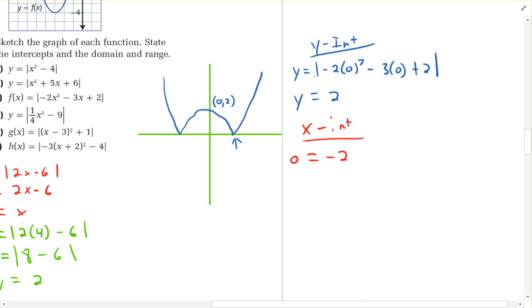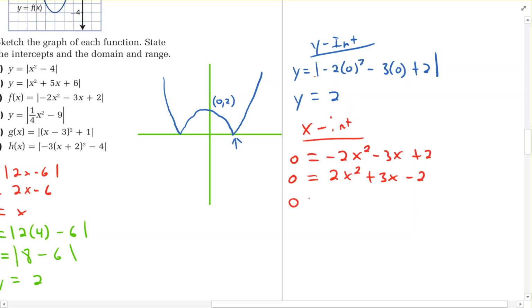So then I got negative 2x squared minus 3x plus 2. And I don't like that negative out front again, like I said. So what I'm going to do is just divide everything by negative 1, or just move everything to the other side. If you do that, you'll notice that all the signs just change. So instead of a negative, you've just got positive 2x squared, positive 3x, and negative 2.